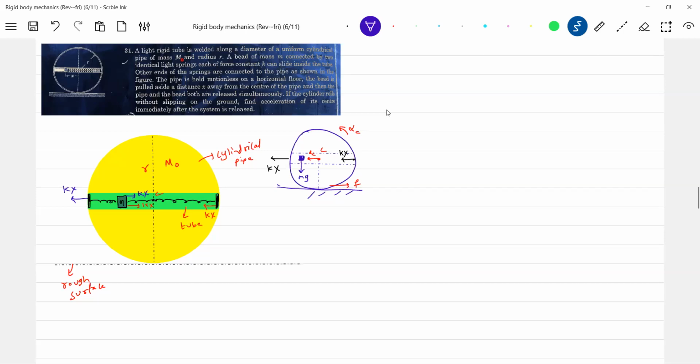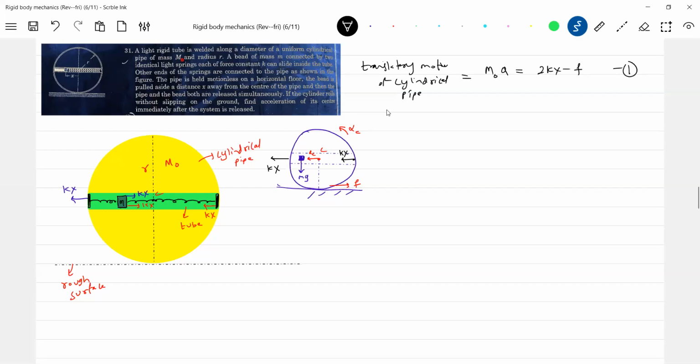So shall I write 2kx minus f equal to m naught a on the motion of the pipe. So m naught a should be equal to how much? 2kx minus f. This I call equation 1.